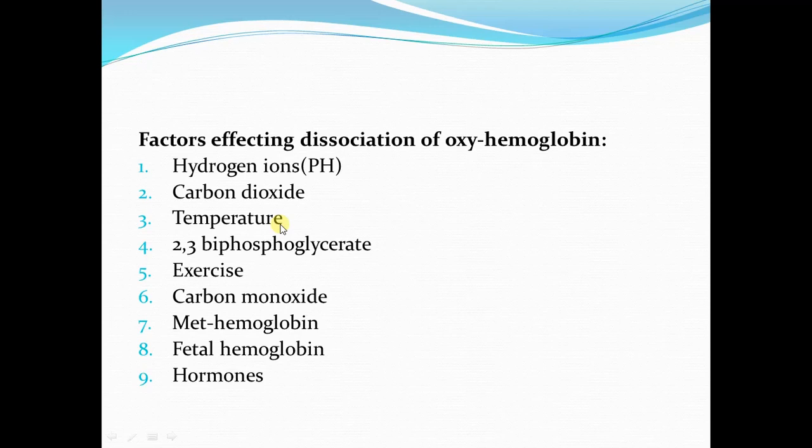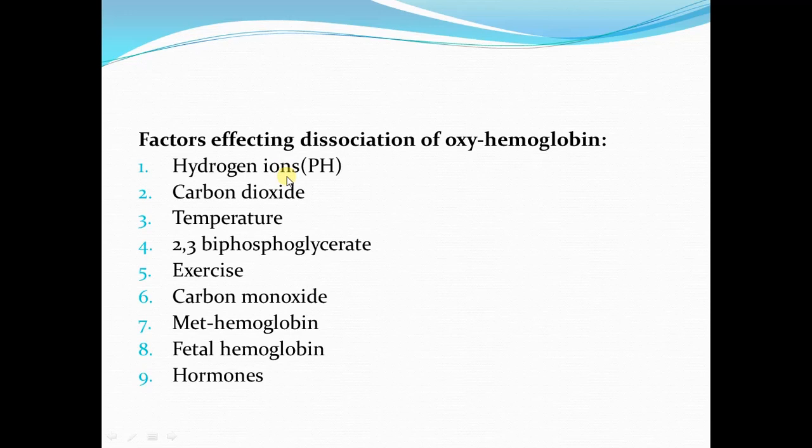The next factor that we are going to learn is 2,3-biphosphoglycerate. Now, 2,3-biphosphoglycerate is a factor which is present inside the RBCs. The above factors that we have discussed are present surrounding the RBCs.